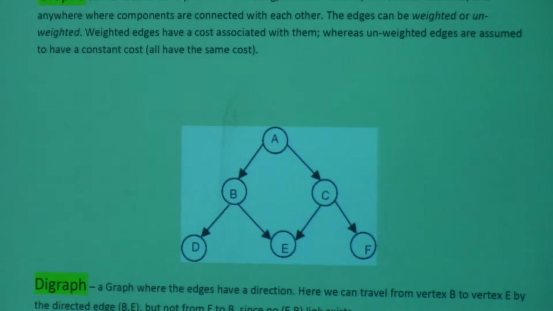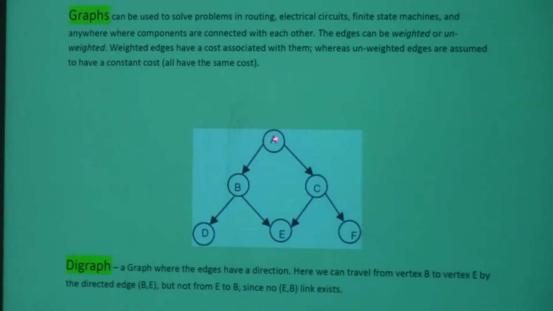And if you think about what we had here, notice that this node is an exception. Because I can go to E by going left and right, and also right and left. Therefore, this digraph is not a tree, because I can reach E from the root 2 different ways.